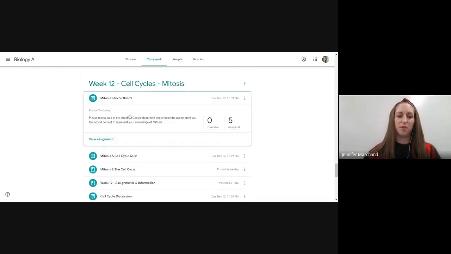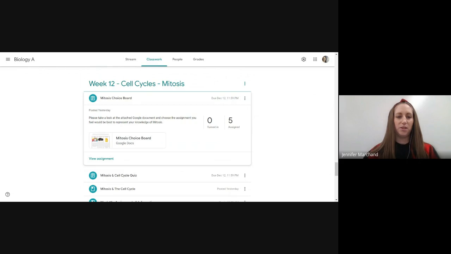So let me open up this mitosis choice board for a moment. In the mitosis choice board, you're going to open this document here, and you need to demonstrate your understanding of mitosis in one of 3 ways. You need to create a drawing for me. You need to find some Oreos and some sprinkles and make an Oreo mitosis board, or you need to create a Google slide for me and turn it in along with this assignment.